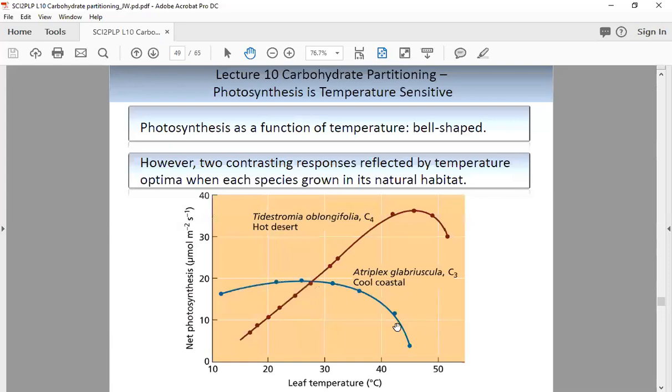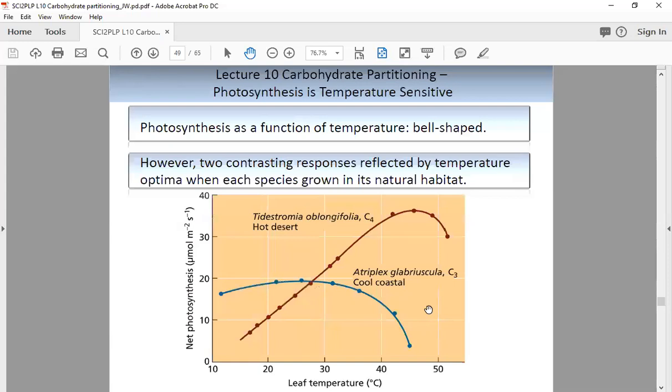So photosynthesis is limited here by the activity of Rubisco, and the response to temperature reflects two conflicting processes. That is an increase in carboxylation rate and a decrease in the affinity of Rubisco for carbon dioxide as the temperature rises.